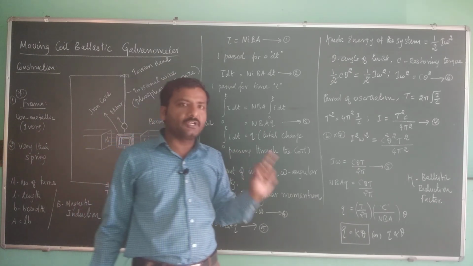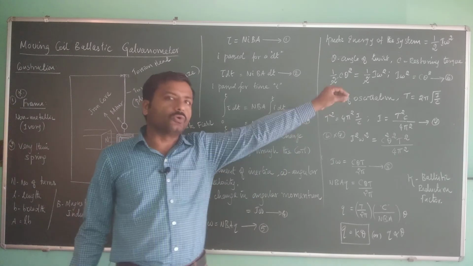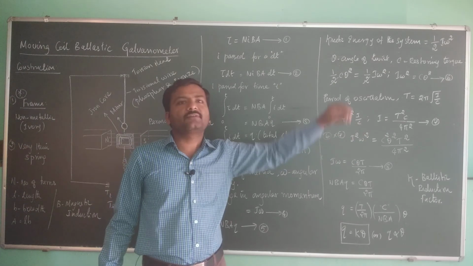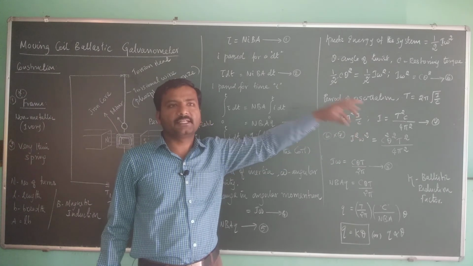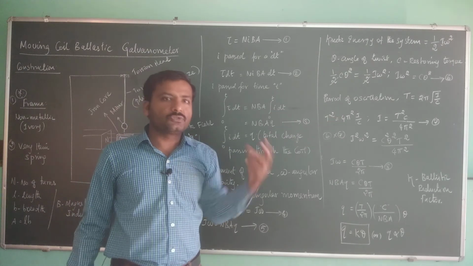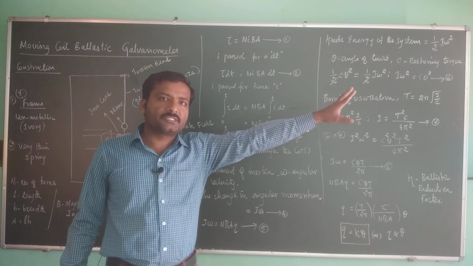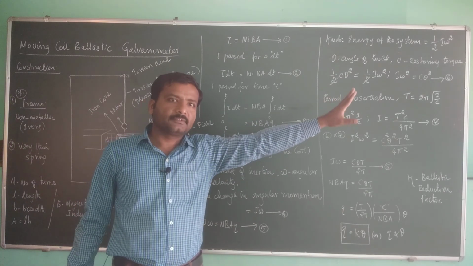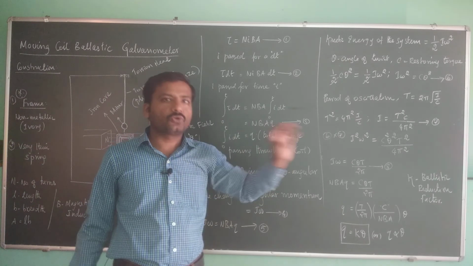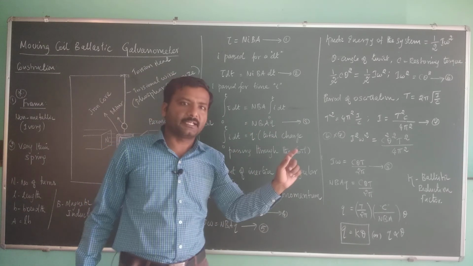That induced current will oppose the movement of the coil, so that even the first throw is less than the original throw. If there were no air resistance and no induced current, one throw would be experienced, but that will not be observed practically, so even the first throw will be lesser than the ideal one. So we need to make a correction factor.